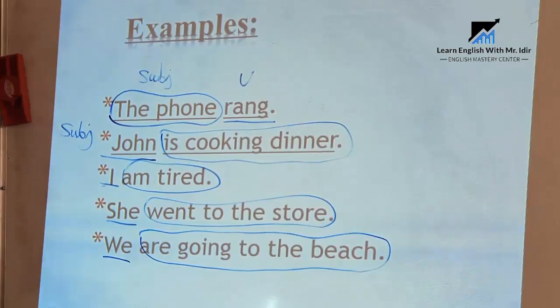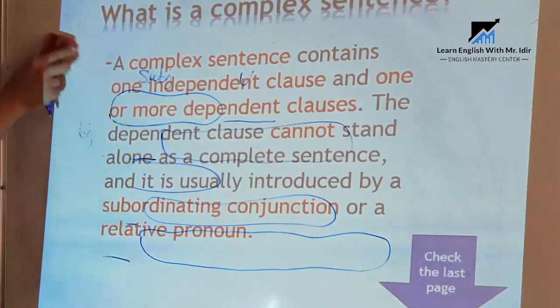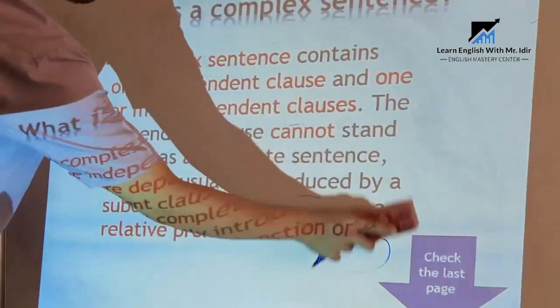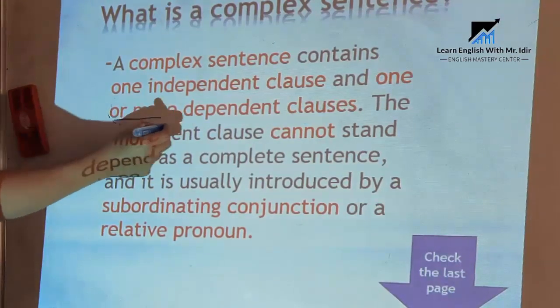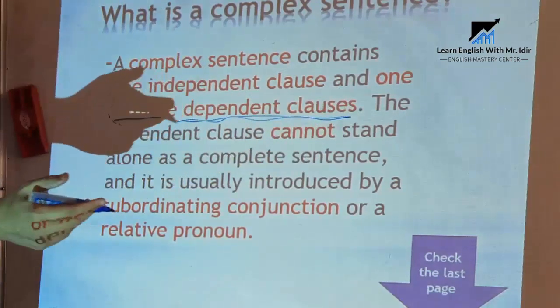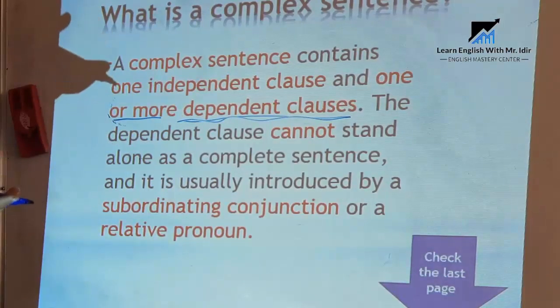So let's move to the complex sentence. A complex sentence contains one independent clause and one or more dependent clauses. We have understood that an independent clause has a subject and a predicate, and it also expresses a meaning.